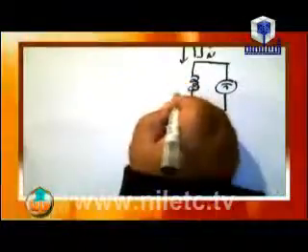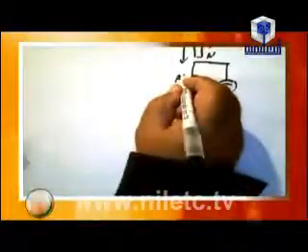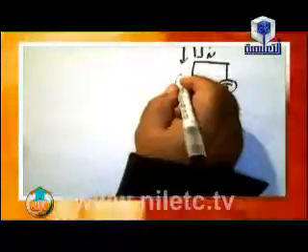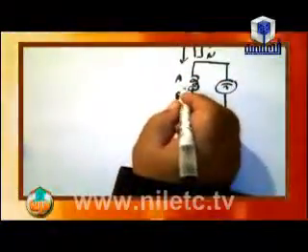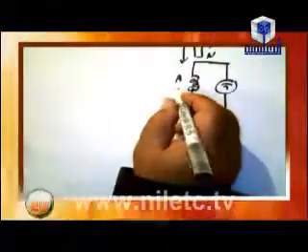And this is B and A. What kind of magnetic pole is produced in B?